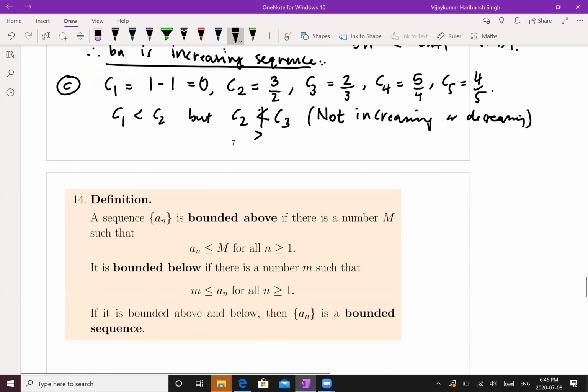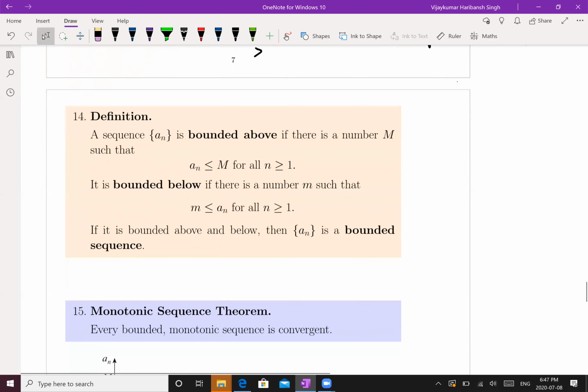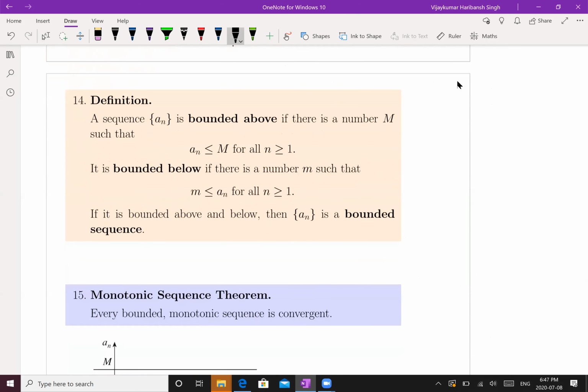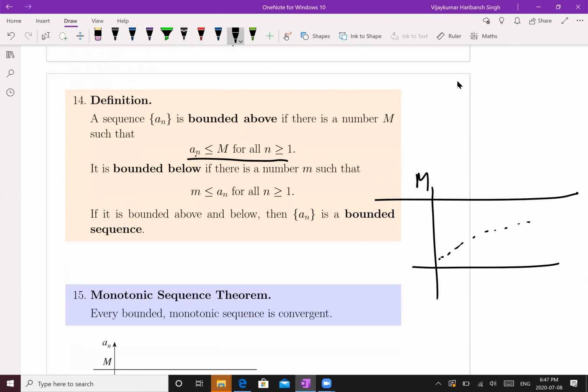Now, why did we discuss this? The reason for that is the following. What does it mean by a sequence which is bounded above? If there is an m such that all the terms of the sequence are less than or equal to m, then we say the sequence is bounded above. Similarly, when do we say a sequence is bounded below?